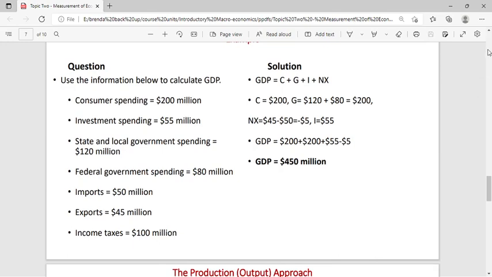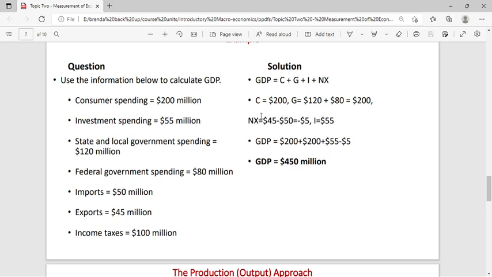And we have an example here where we are required to calculate the GDP. We have consumer spending as $200 million, investment spending $55 million, state and local government spending at $120 million, federal government spending at $80 million, imports were $50 million, exports were $45 million, and income taxes were $100 million.